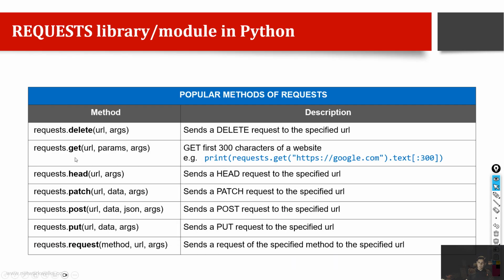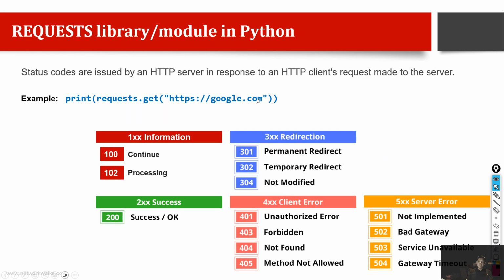Similar to get request, we also have head function, we have patch function. Head function sends the head only, and then post function, then request, then put. So many different functions. I'll share some examples if you would want. Then we discussed status codes just now. Sometimes we need to know the status of the website. Let's say you want to make sure that your website is always up, so you can make a small program which will continuously poll or send the request to your website to make sure that it's always okay.